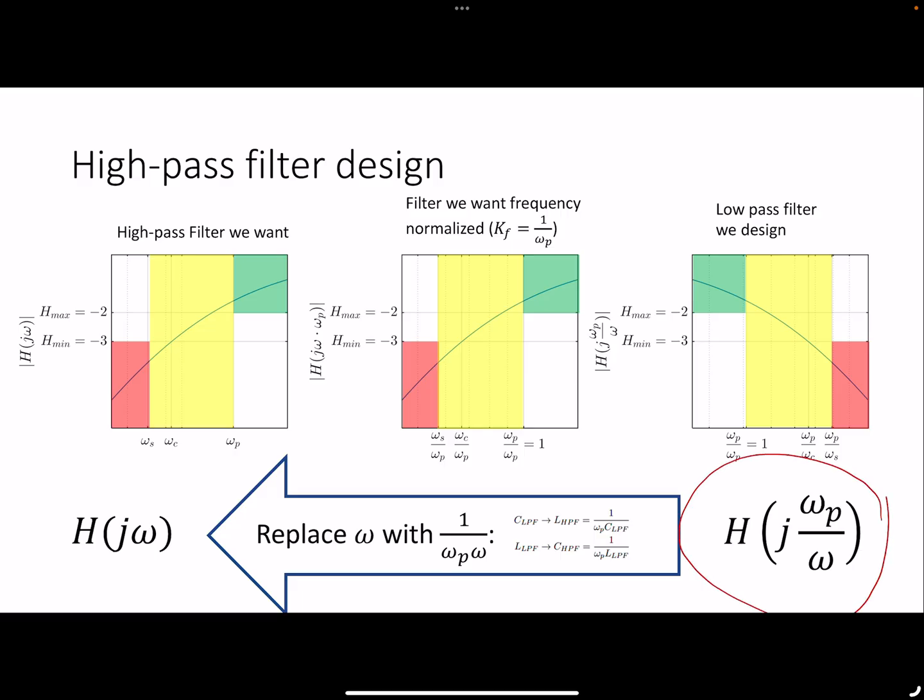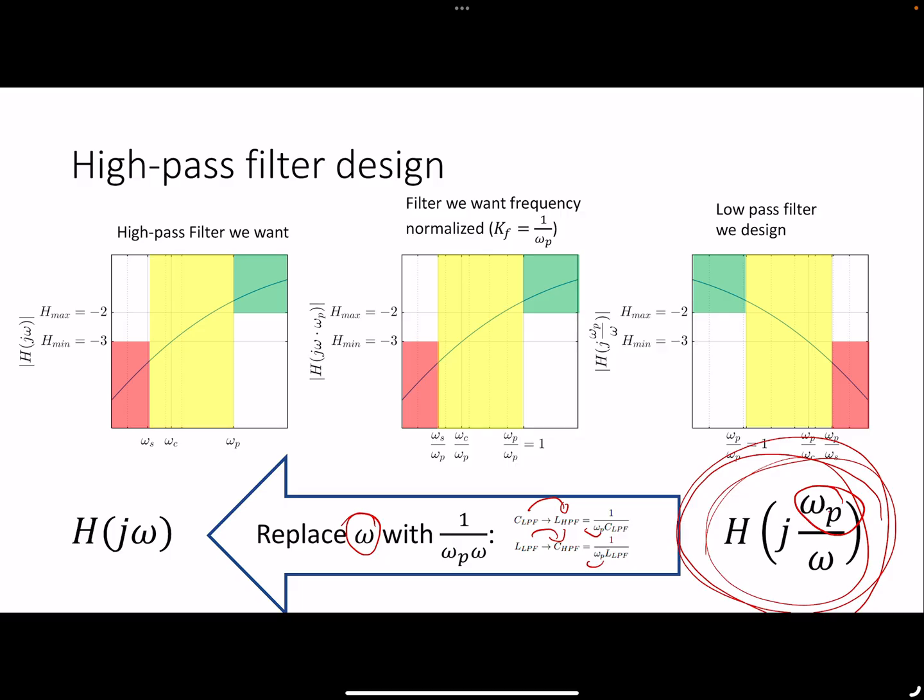And then the filter we designed has a frequency response that looks like this. And so we need to basically replace the omega dependence. We need to cancel out this omega p, and we need to take the reciprocal of it. To take the reciprocal, we replace capacitors with inductors and inductors with capacitors. And then in order to get rid of this omega p that we initially multiplied with, we have to frequency scale by omega p, and that makes sure that everything works out.